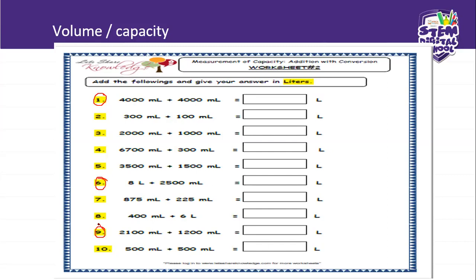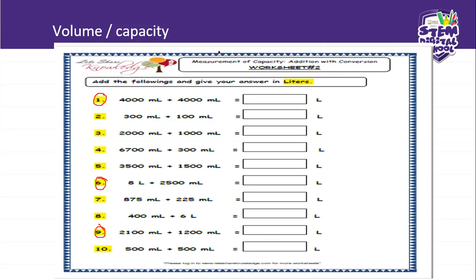10, 9, 8, 7, 6, 5, 4, 3, 2, 1. Pause. 10 seconds to unpause. 10, 9, 8, 7, 6, 5, 4, 3, 2, 1.